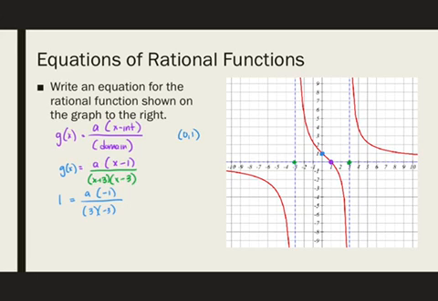So 1 is -a over 9. So 9 is negative a, and a is negative 9. So our final answer would be g of x is a times x minus 1 over x plus 3 times x minus 3.